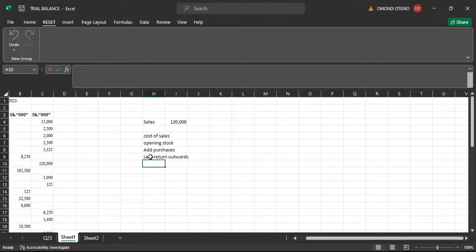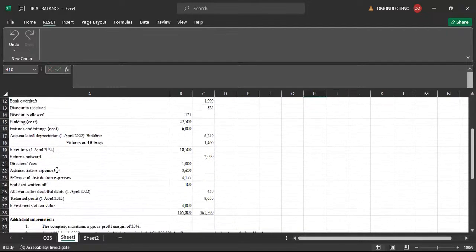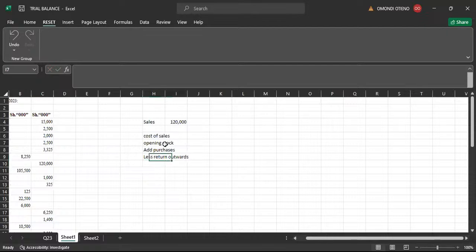If we have carriage inward, it should also be included there. But let me see if we have it in this particular question. Do we have carriage inward? No. So if there is no carriage inward, then opening stock, add purchases, less return outwards, will give us cost of goods available for sale.